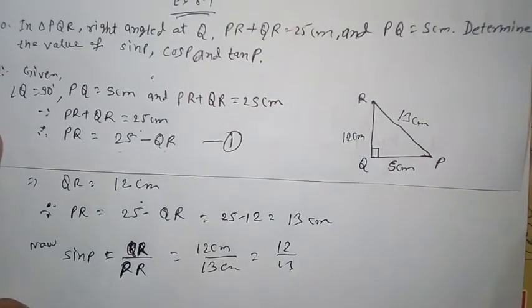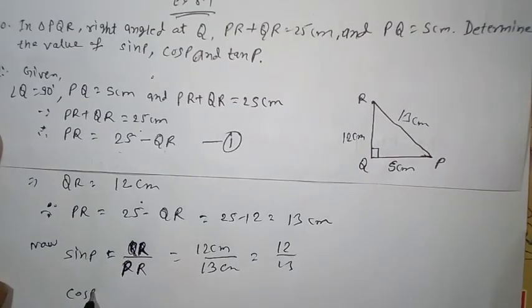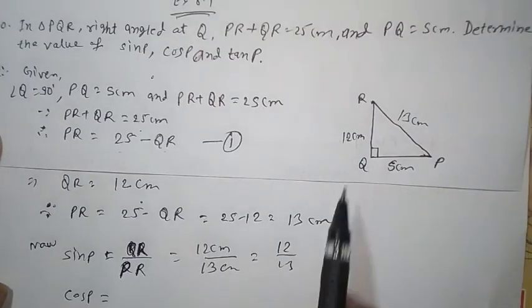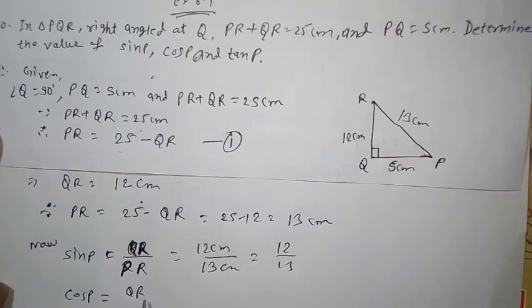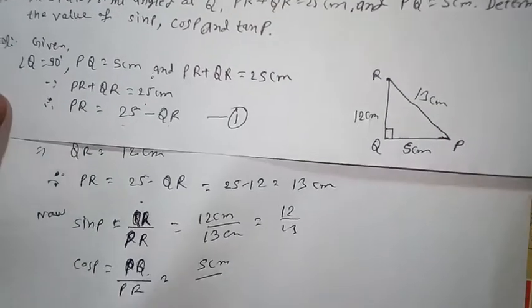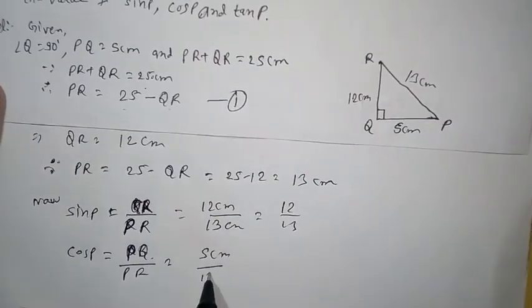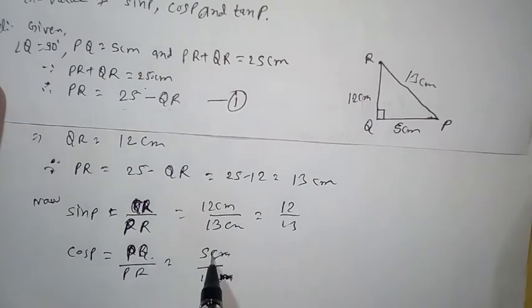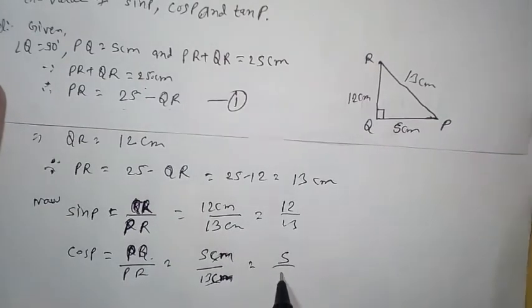Okay, cos P is equal to base by hypotenuse, PQ by PR. PQ 5 centimeter by 13 centimeter, then is equal to 5 by 13.